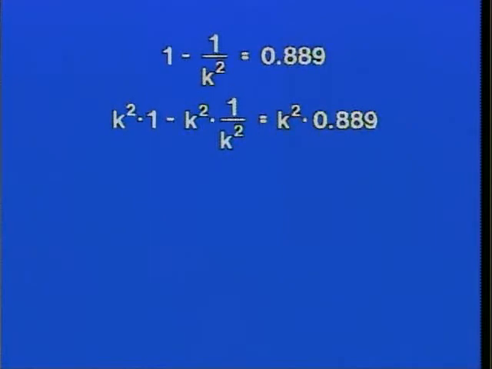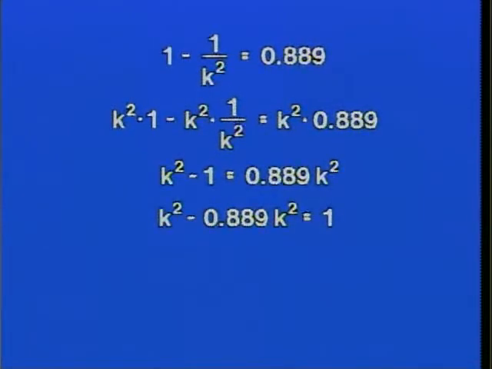Then k squared times 1, of course, is k squared, and the k squares cancel in the second term, and on the right we'll get 0.889 k squared. Now we'd like to put the terms involving k squared on the one side and the 1 on the other side, so we'll subtract 0.889 k squared on both sides and add 1 on both sides, and we get this.